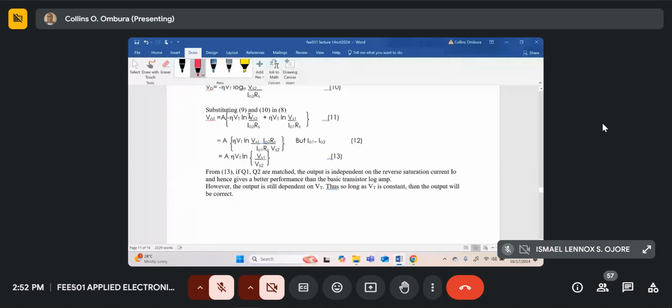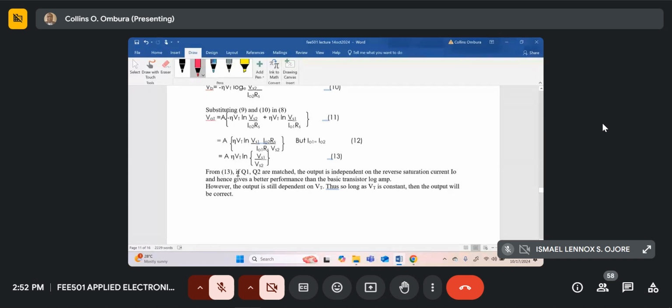And then the second term inside the natural log is inverted, since there's a minus sign outside here. So it will be I02 RS divided by VS2. And that's how we get this. But I01 is equal to I02 because the transistors are matched. So we will be able to cancel I02 and we remain with VS1 over VS2.